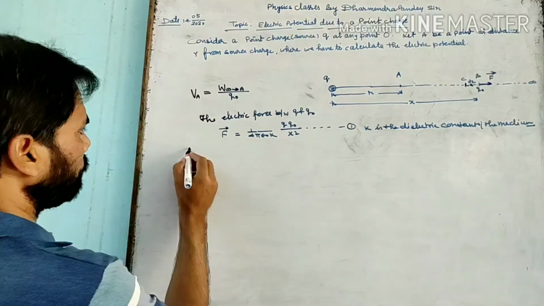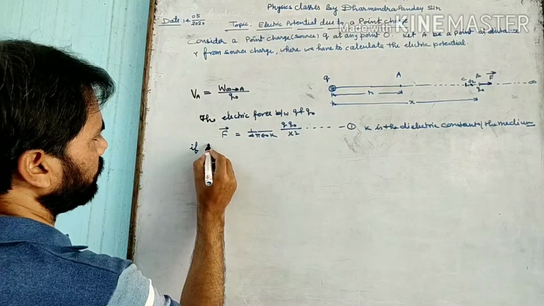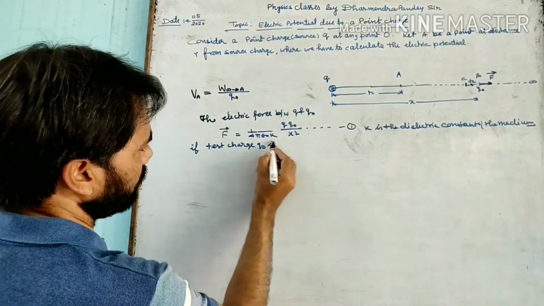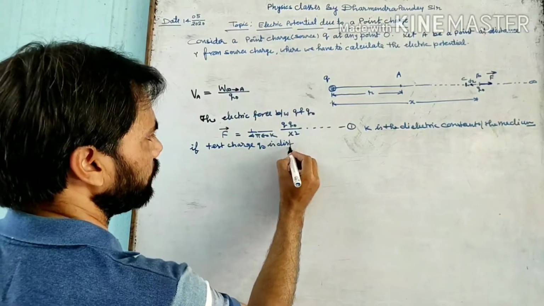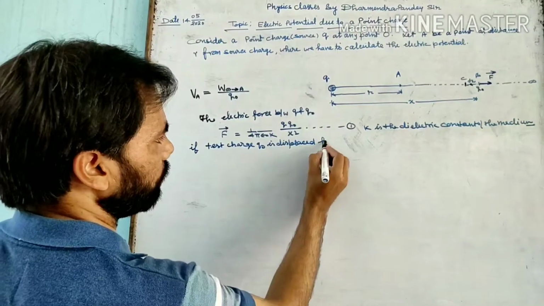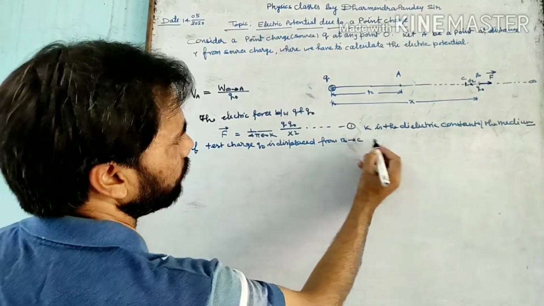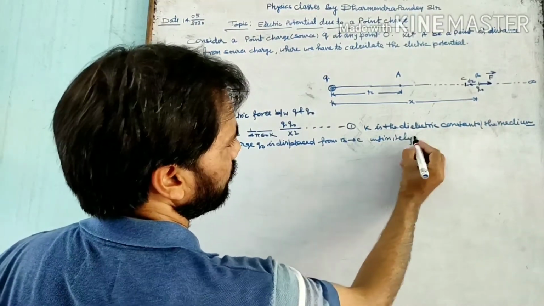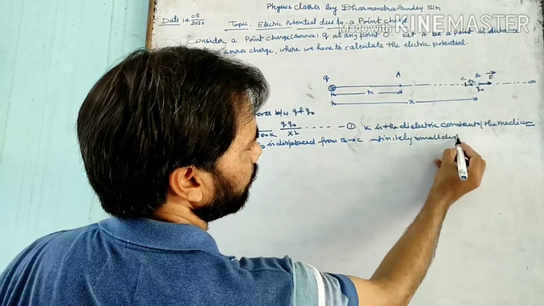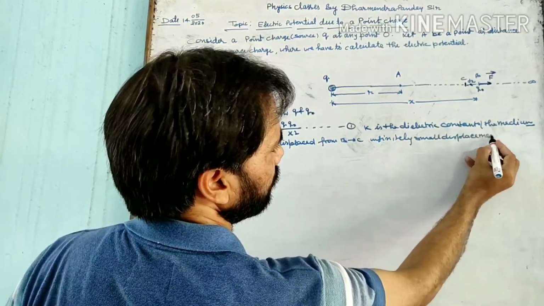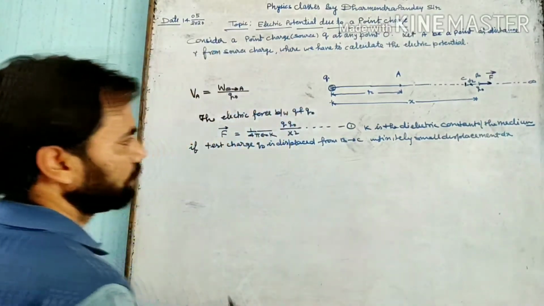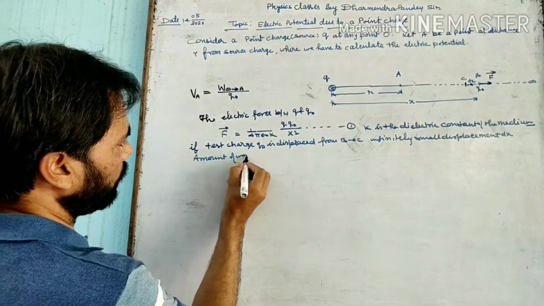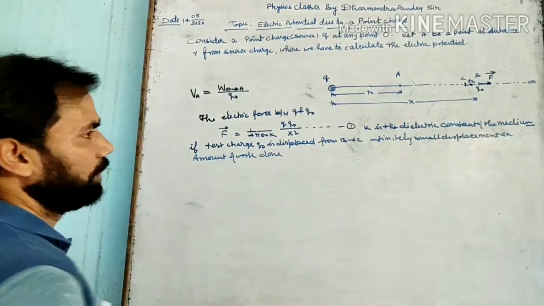If the test charge Q0 is displaced from B to C by an infinitely small displacement dx, then the amount of work done will definitely be small.